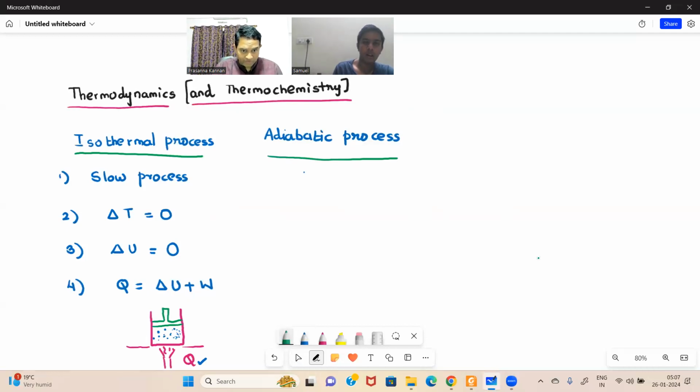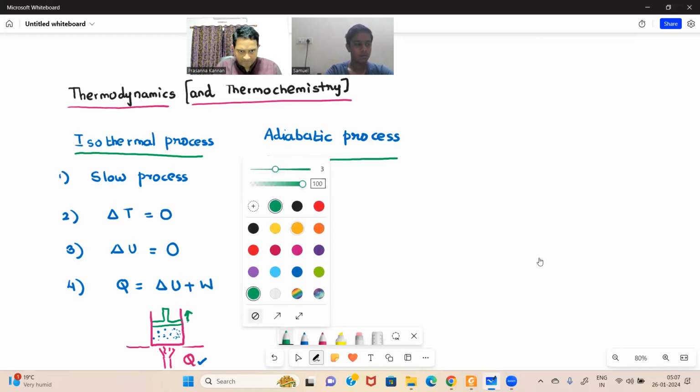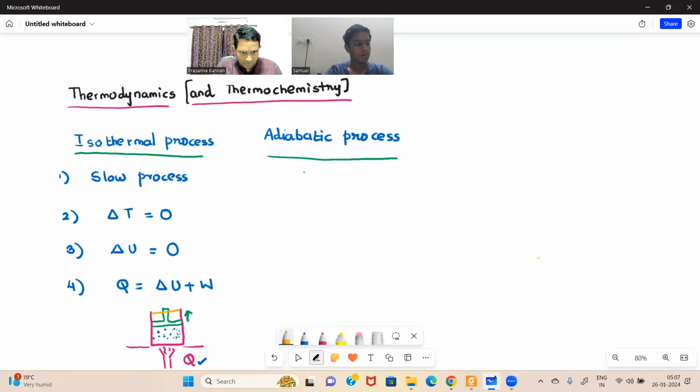You know that heat causes expansion, correct? So the piston will move from this position to a new position. So some work has been done, correct? The piston has moved.